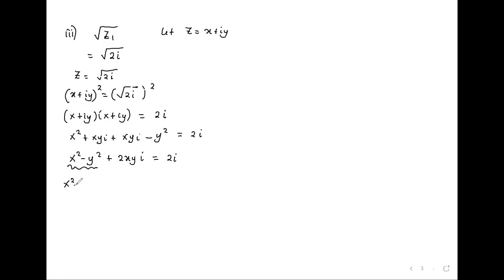So x squared minus y squared should be equal to 0 because we don't have the real part on the right. And 2xyi should be equal to 2i, implying that 2xy is equal to 2 if you divide by i. Then now we divide by 2, we'll get xy is equal to 1.